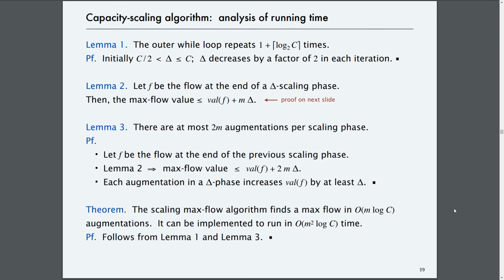The outer loop we have is going to repeat 1 plus log of C times. This is because we decrease delta by a factor of 2 in each iteration. And there are going to be at most 2m augmentations per scaling phase.